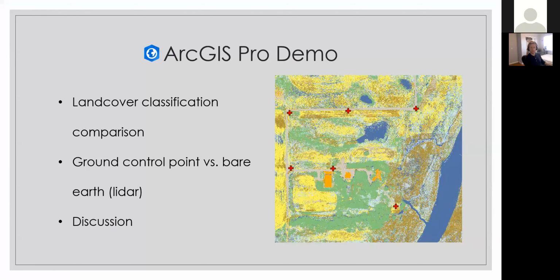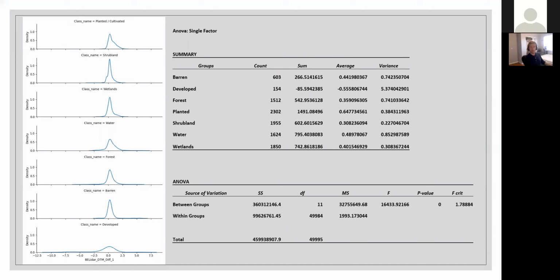So if I open this back up, let's look at this. It's showing density plots for each of my classified areas or classifications, and it confirms my hypothesis, which was that barren, shrubland, wetlands type areas actually have a much lower average, right?